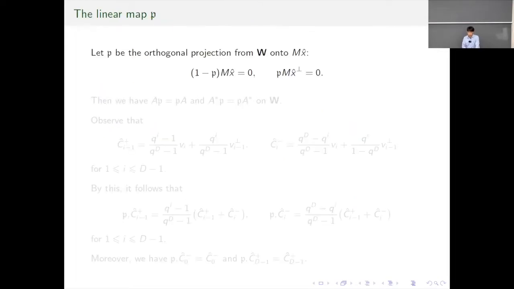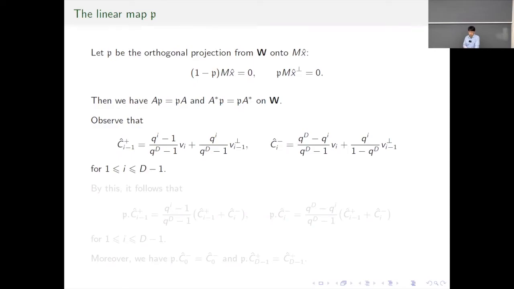Also, we can define the projection map. So we define P, the orthogonal projection from W onto the T submodule MX hat. Then this linear map commutes with A and A star, the generators of the topological algebra. And by construction of the standard basis for MX hat and MX hat perp, we have these equations.